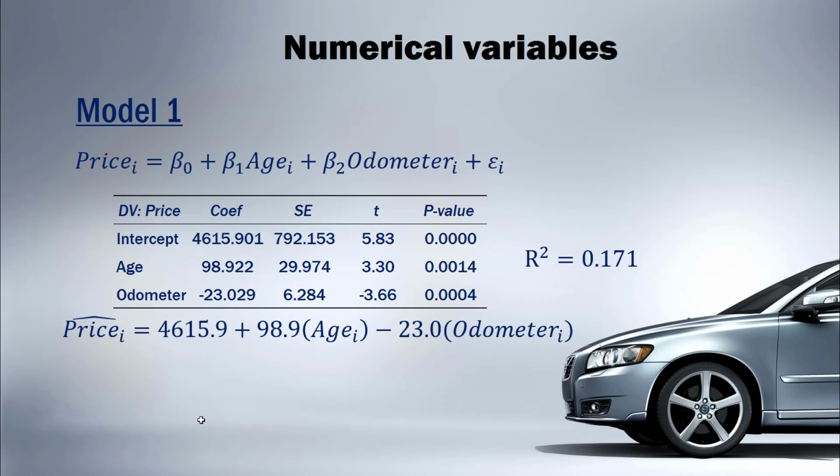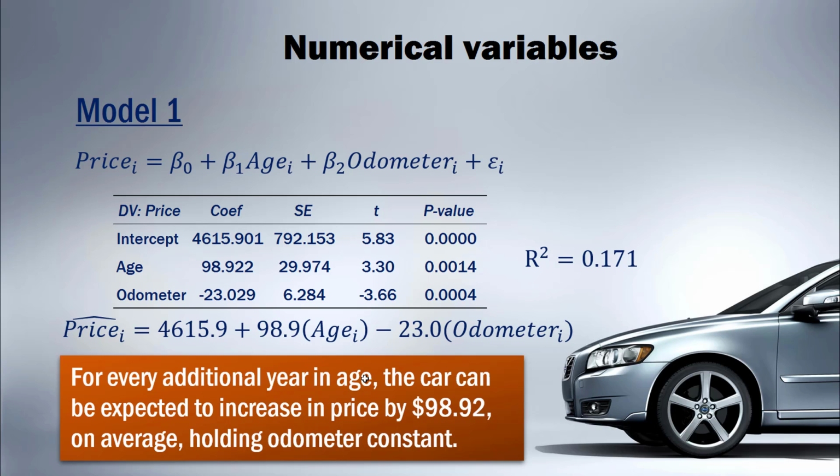But just to start us off, let's interpret what these coefficients actually mean for age and for odometer. So here it says that for every additional year in age, the car can be expected to increase in price by $98.92, that's this here, on average, holding odometer constant.